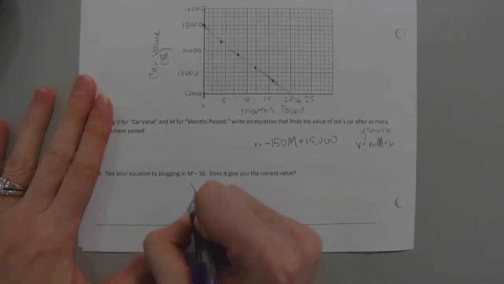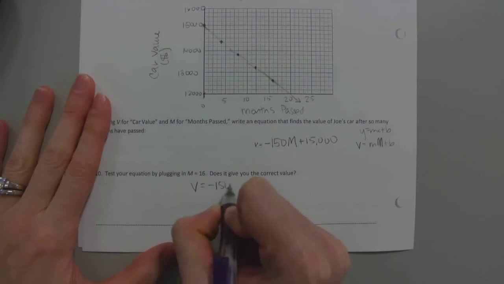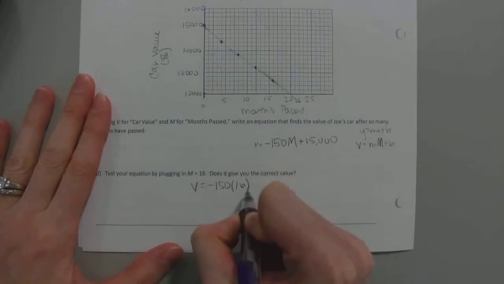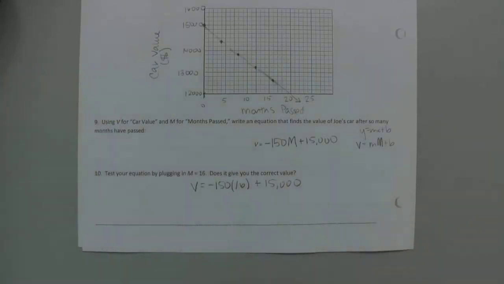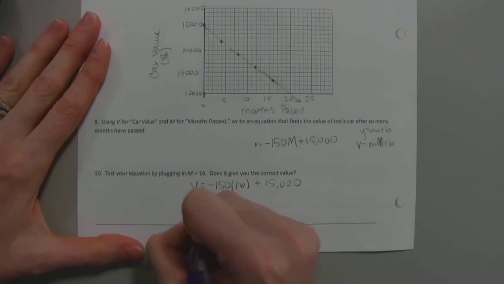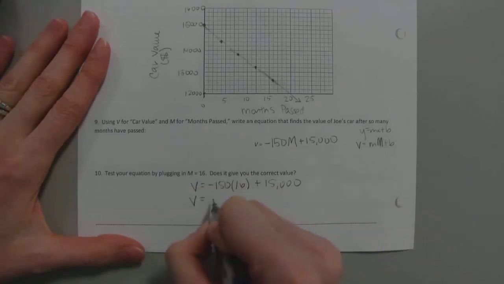Number 10 just wants to make sure, guys, did we do it right? So if he owned it 16 months, we know it should be worth 12,600 based on Kelley Blue Book. So let's put 16 in and make sure that's the math we get. So we get V equals the negative 150 per month for the 16 months he owned it, but don't forget it started at 15,000.